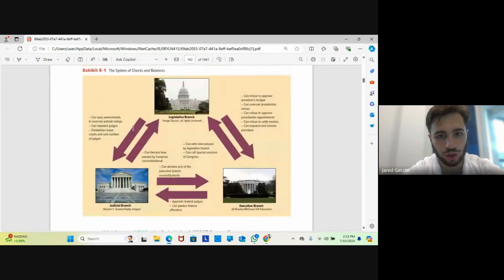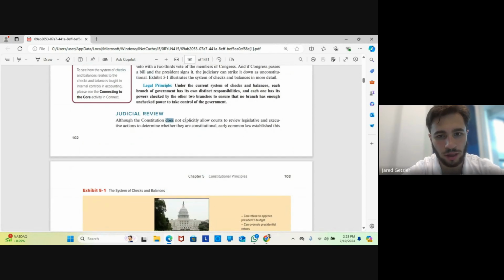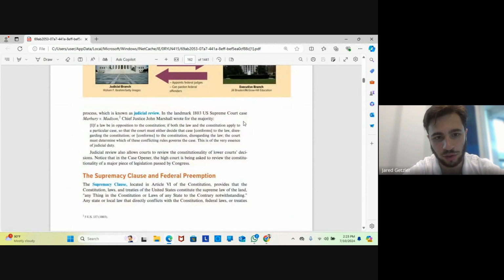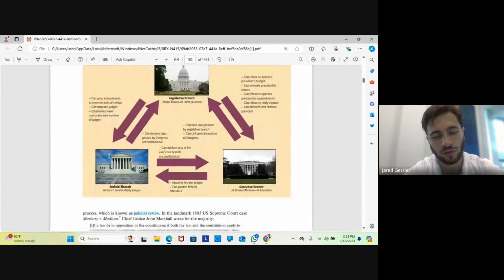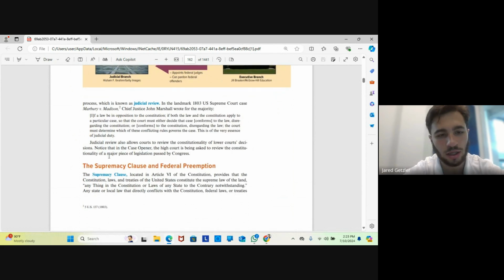So we see here judicial review. It means that the courts can. So early common law will establish judicial review. It allows a court to review the constitutionality of lower courts' decisions as well. So it's not just for the legislative branch, but let's say, for example, a state passes a law that bans talking bad about a certain politician.